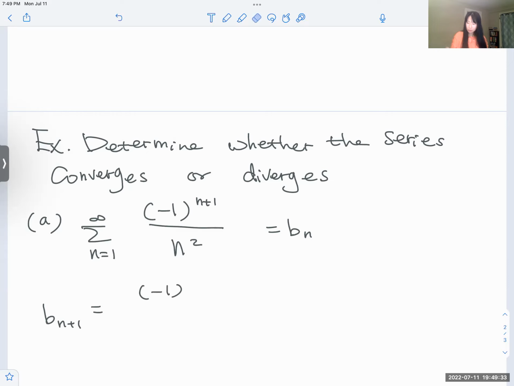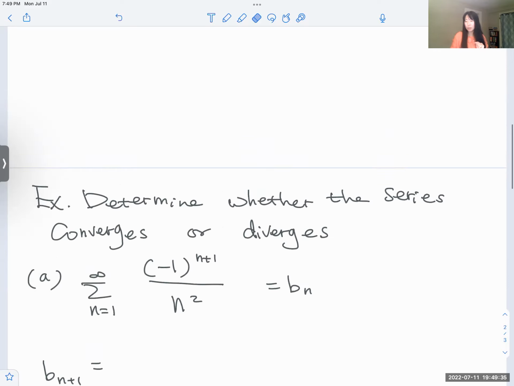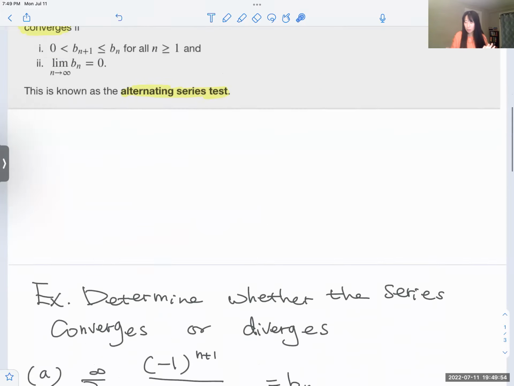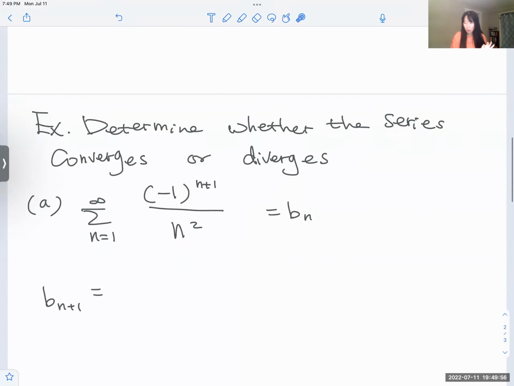Hold on one second. Look, b sub n is only the number part, right? It doesn't include the negative sign change there. Can you see that? So b sub n is 1 over n squared, because we don't include this one.